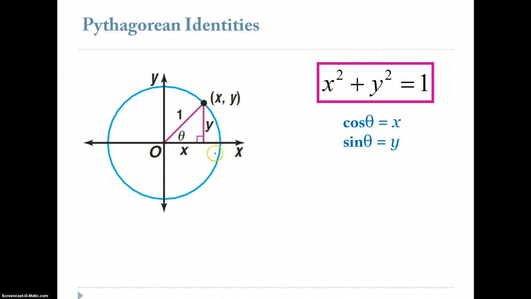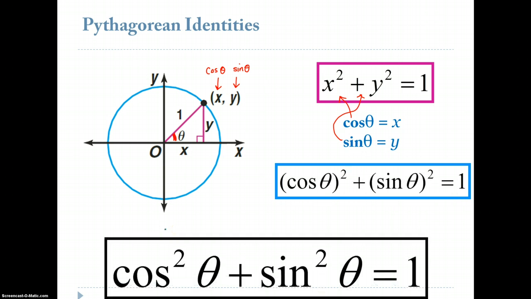But we also learned that in a unit circle, the relationship between x and y was that the x value was the cosine of the angle created here, and the y value was the sine of the angle created at the origin. And if we make these two replacements, one here and one here, then we get this.